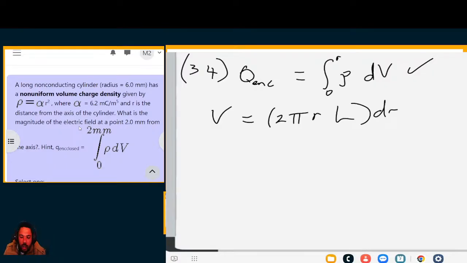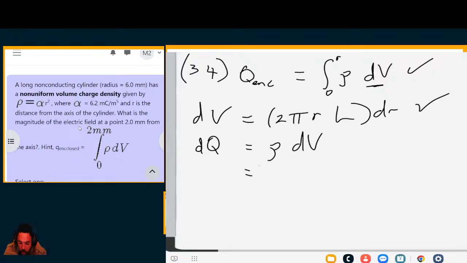Let's call it dr. That is the volume of your charge element. It's dV, the change in the volume, because I wrote dr. So the infinitesimal charge dq is then rho multiplied by dV.